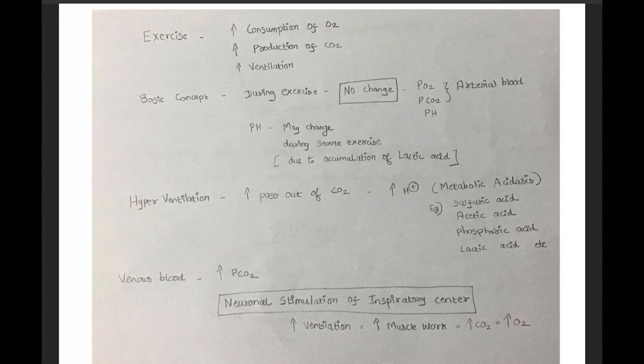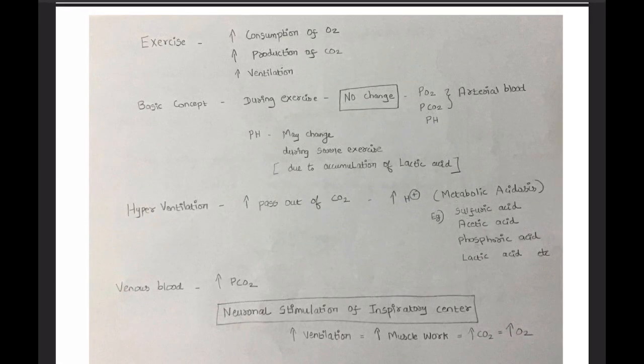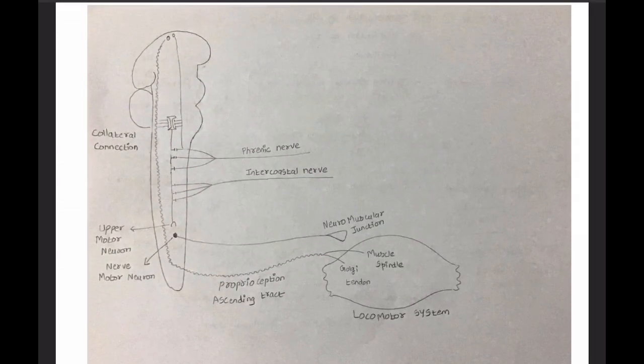respiration during exercise. The main role is played by the central nervous system, that is the neuronal stimulation of the inspiratory center.